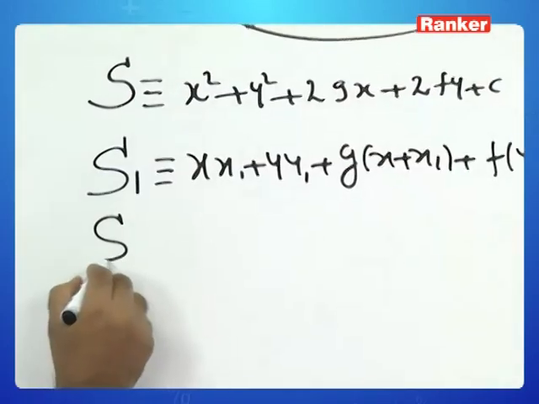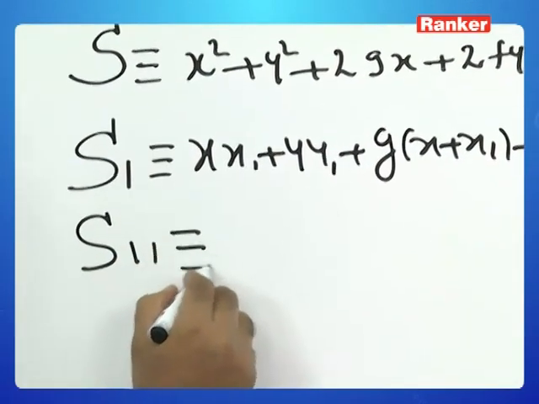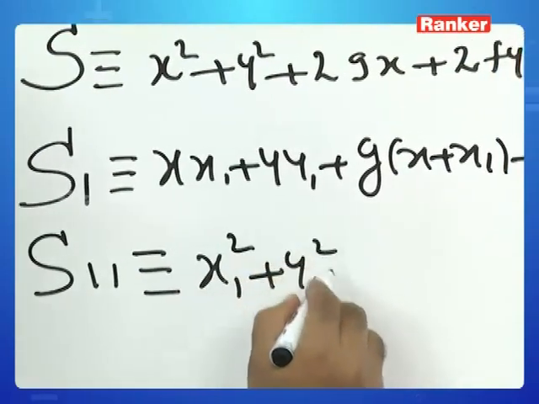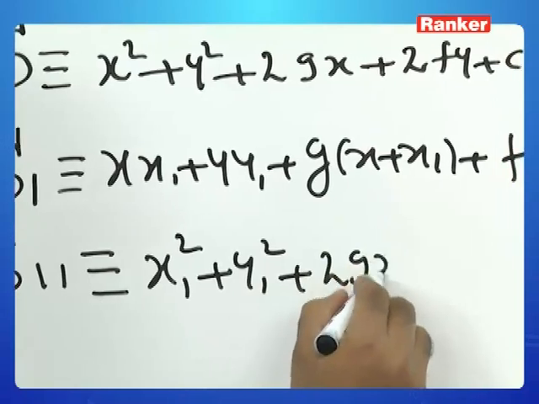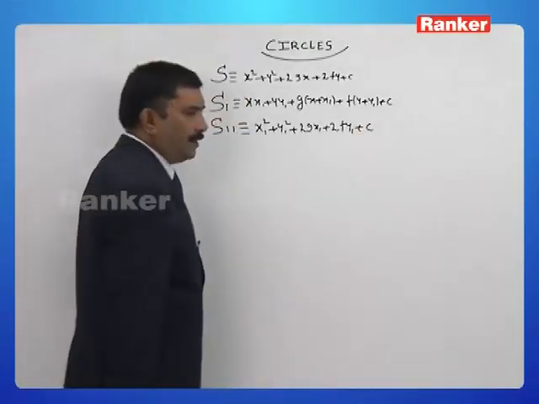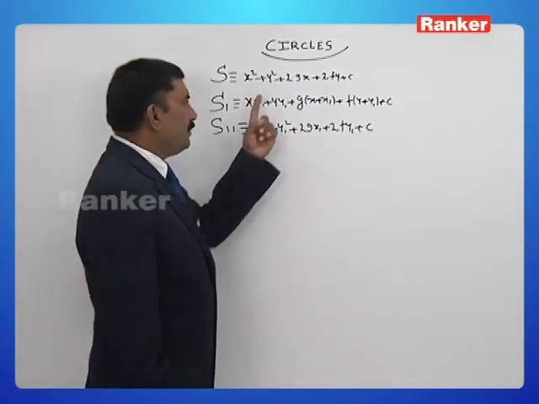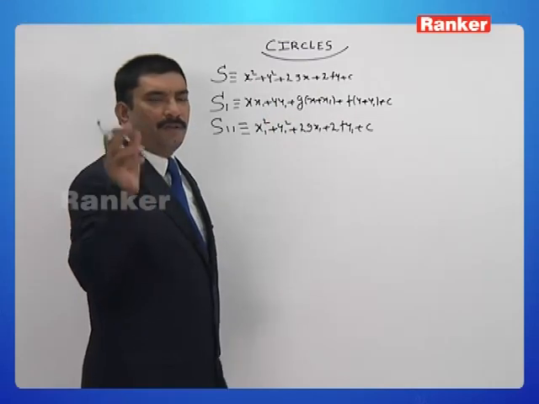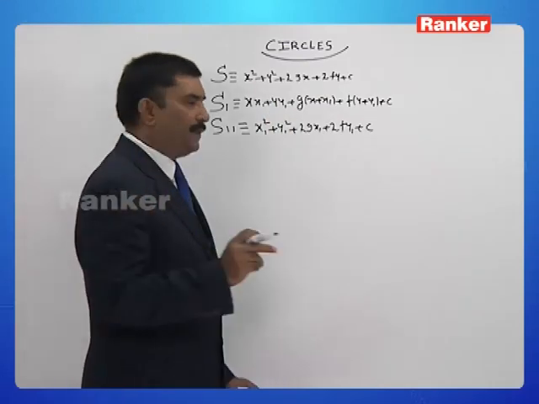Next, S11 is represented by x1 square plus y1 square plus 2gx1 plus 2fy1 plus c. In this equation, in place of x and y, you are substituting x1 and y1.